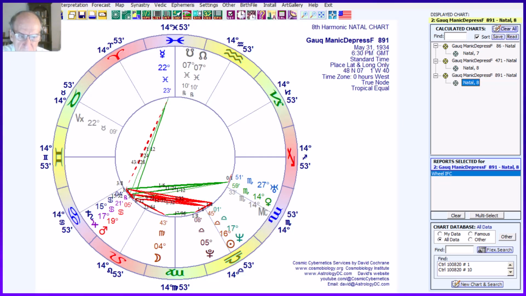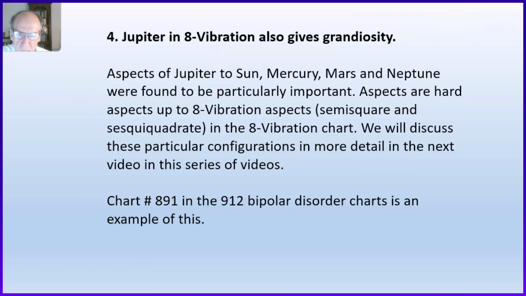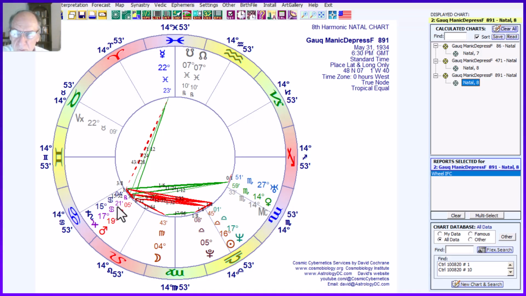And if we go back to our slide to verify, especially to Sun, Mercury, Mars, or Neptune, what you see in this chart is Jupiter squaring Sun and Neptune. So Jupiter at 17 degrees Cancer, square the Sun very tightly at 16 Libra and Neptune at 17 Libra.